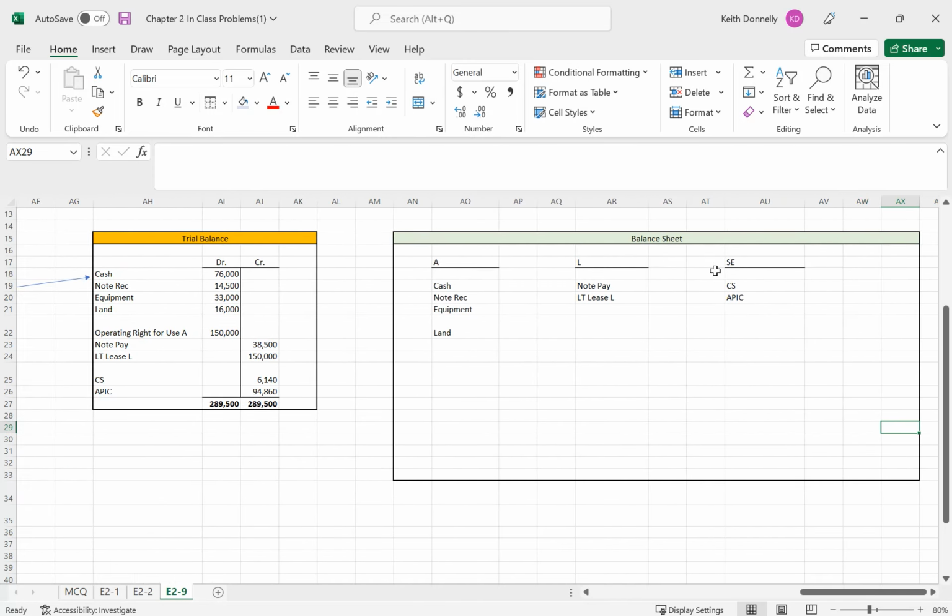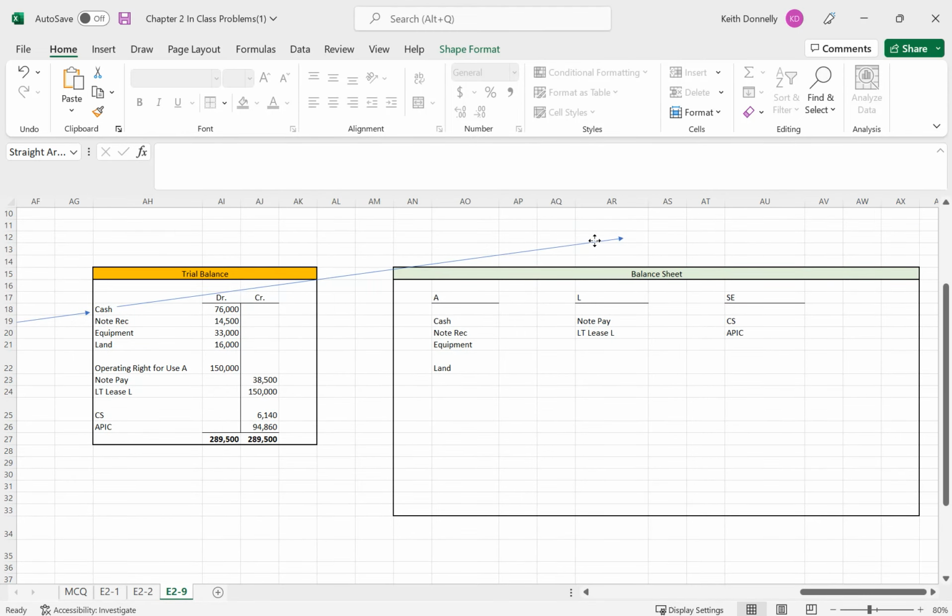Now what we're gonna do, I'm trying to save us some time by populating this all out. We're gonna carry these balances over here, right?